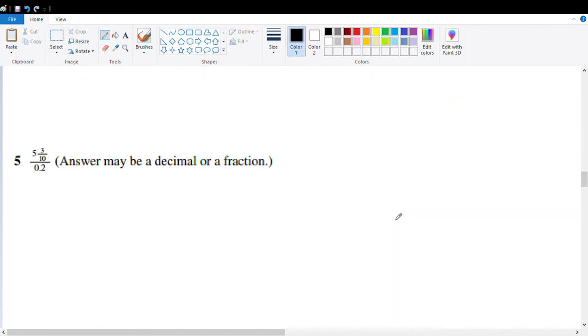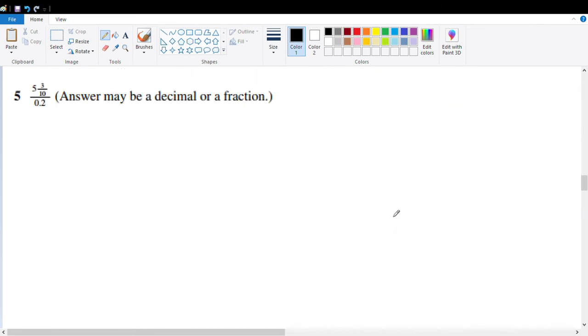Now our last question for this part of the video is we're going to have a mix. We have 5 and 3 tenths divided by 0.2. Now you have two options. In this case, we'll do option 1, the fraction way.